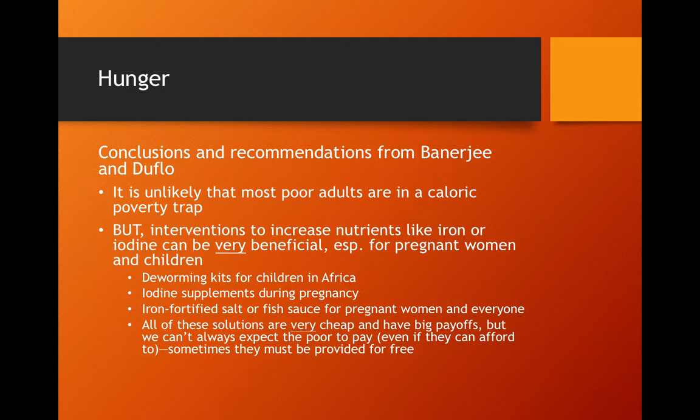And Banerjee and Duflo show that sometimes people don't do that. In fact, often they don't do that. They spend more on less nutritious types of foods that taste better. They spend more on luxuries or on festivals or on televisions or things like that. So even if they're in some kind of calorie poverty trap, you may not get them out of it by giving them the opportunity to buy more calories.